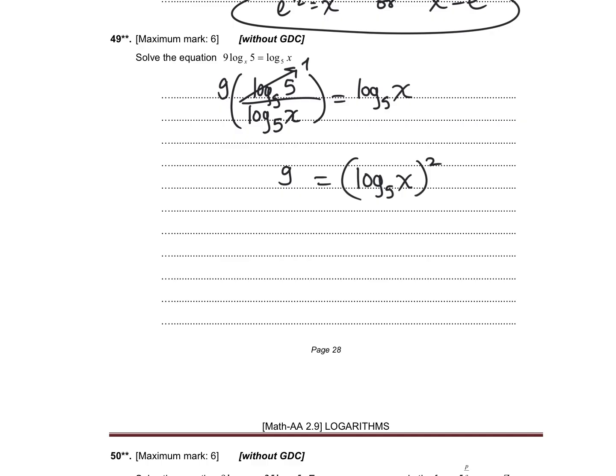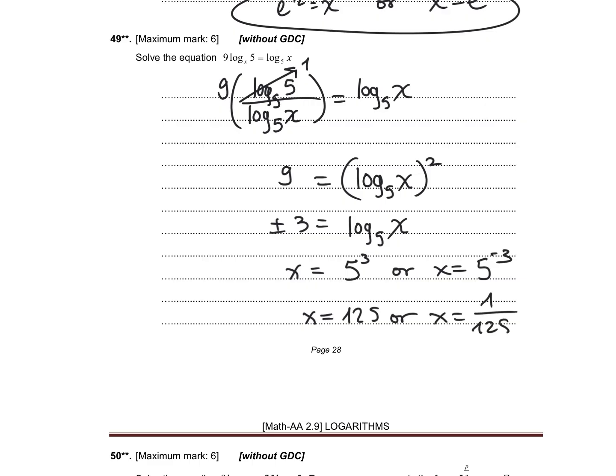All right, so when we square root, we're going to have plus or minus 3 over here. And then we have x equals 5 to the third, or x equals 5 to the negative third. So either 125 or 1 over 125.